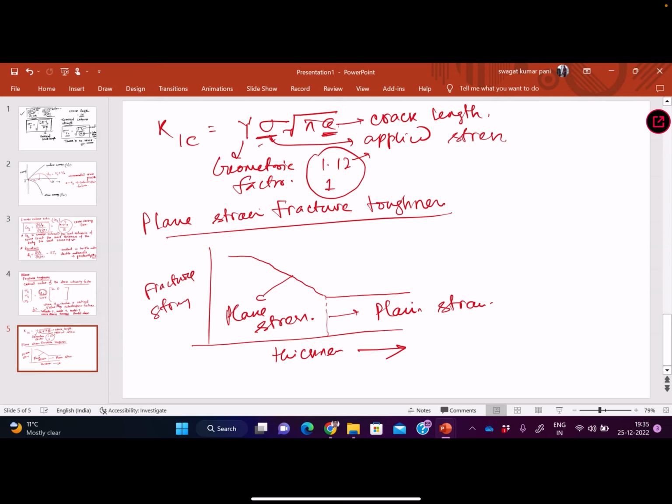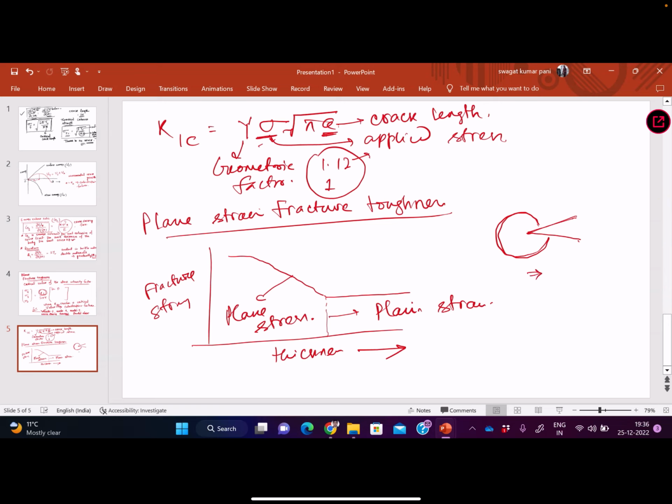So in plane strain, what happens? Suppose we have a crack, as the thickness of the material increases. Suppose the stress is high at the crack tip, so it wants to deform plastically, but it has a larger elastic region around it, so that will not allow it to deform plastically.